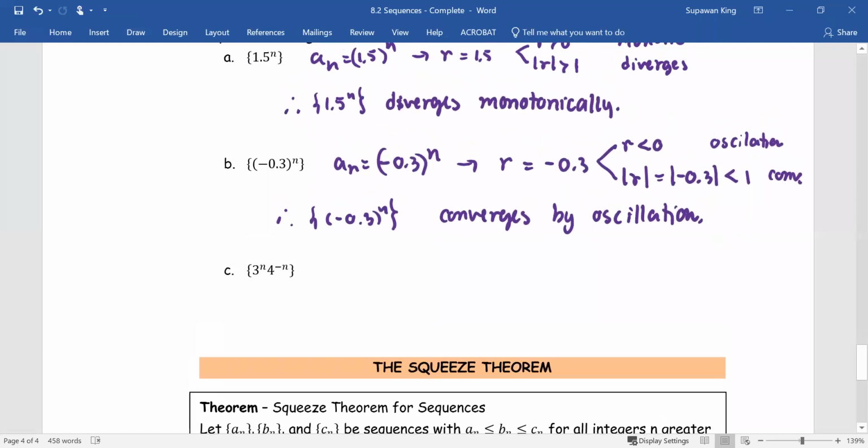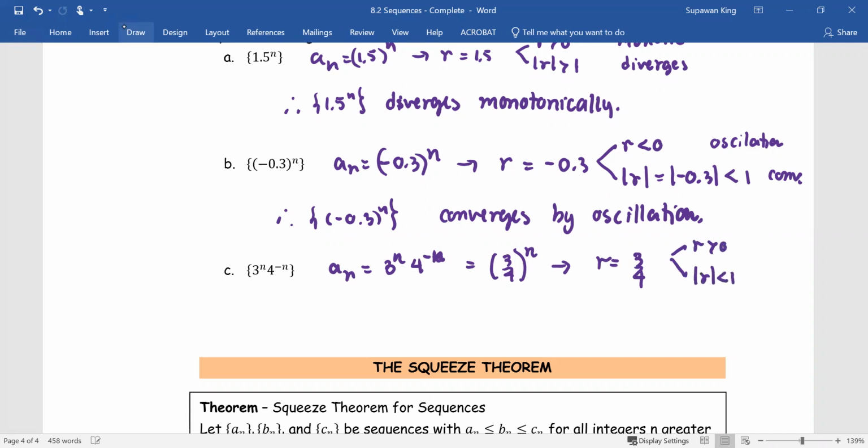The last example, a_n equals 3 to the power n times 4 to the power negative n. We can rewrite it as one quantity, 3 over 4, raised to the power n. That means the ratio r for this geometric sequence is 3 over 4. As r equals 3 over 4, r is positive and the absolute value of r is less than 1.